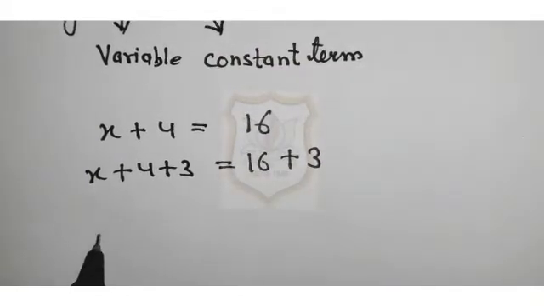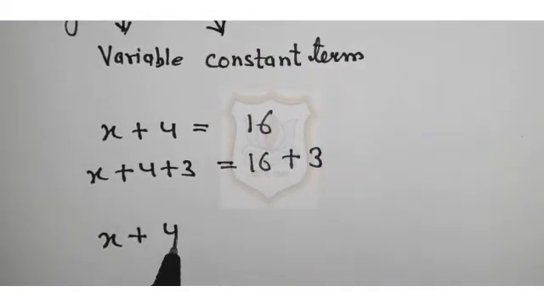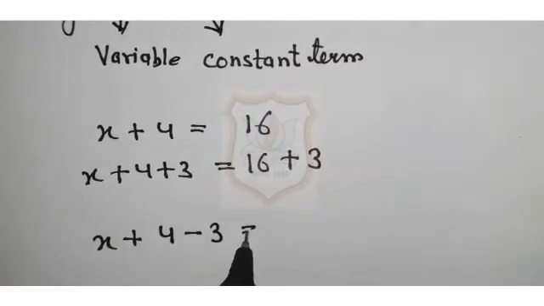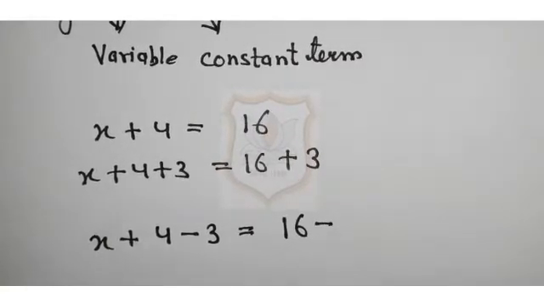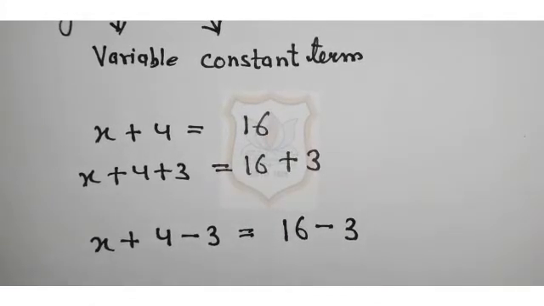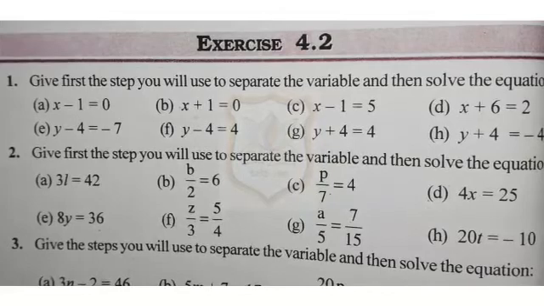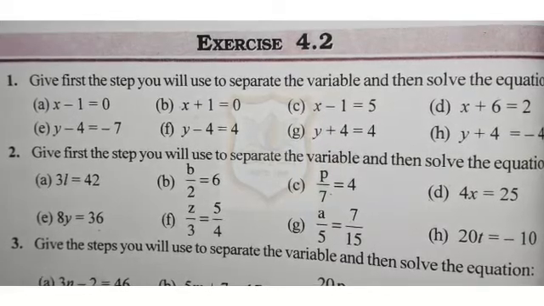If I am subtracting 3 from LHS, then it is compulsory that I should subtract 3 from RHS also to maintain the equality. In the same way, multiplication and division are to be performed. So students, you must have understood how you will solve exercise 4.2. So let's start solving exercise 4.2.